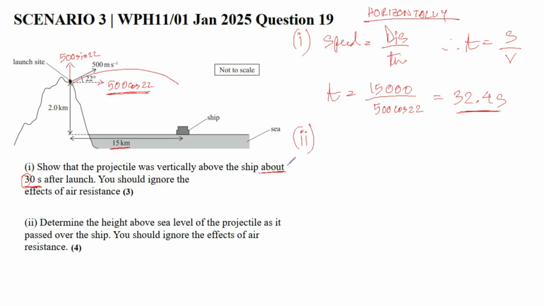Determine the height above the sea level of the projectile as it passed over the ship. You should ignore the effects of air resistance. So they're asking you to calculate this height. You can just call this SV, V as in the vertical displacement.